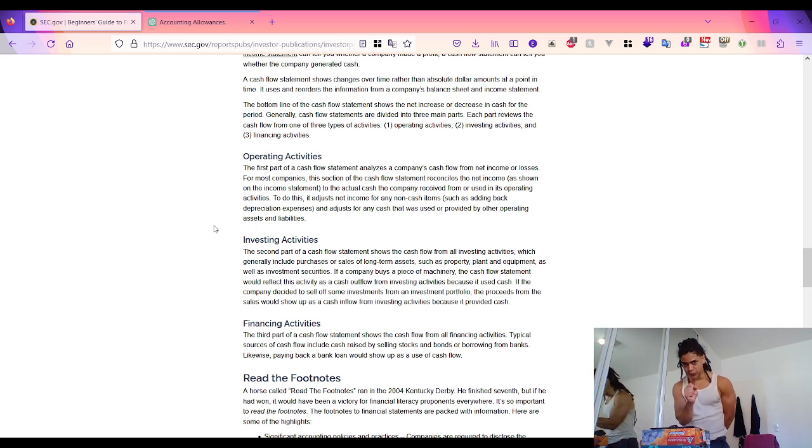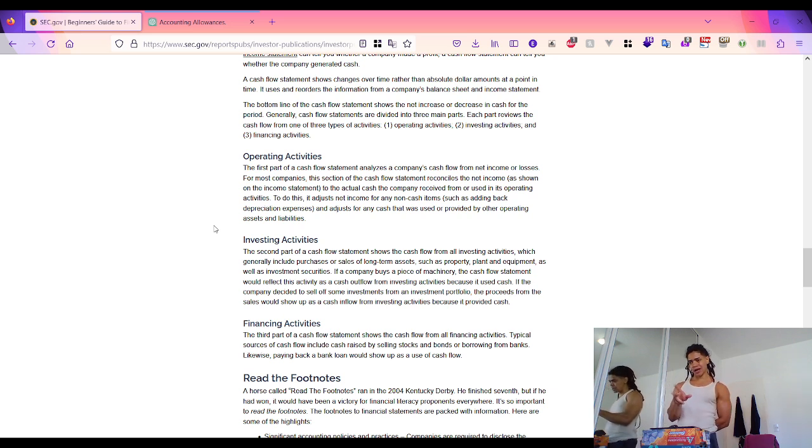The way to do this reconciliation is by adjusting the net income for any non-cash items, such as adding back depreciation expense, and adjusting for any cash that was used or provided by operating assets and liabilities.